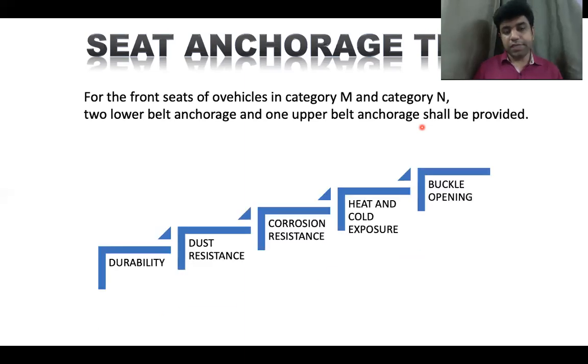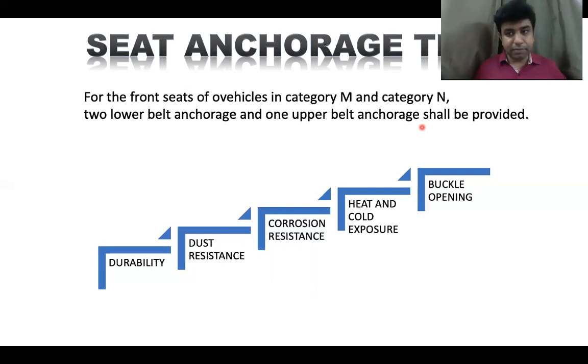Now, what do we actually need to test in order to check the strength of the seat anchorage? Whenever we talk about the seat anchorage, it plays a major role. See, whenever there is a front collision, obviously you will be pushed forward due to the momentum. Whenever you are pushed forward, there is some chance of collision of your head with the steering pad. So this seat belt, due to the pre-tension present in it, will pull you back.